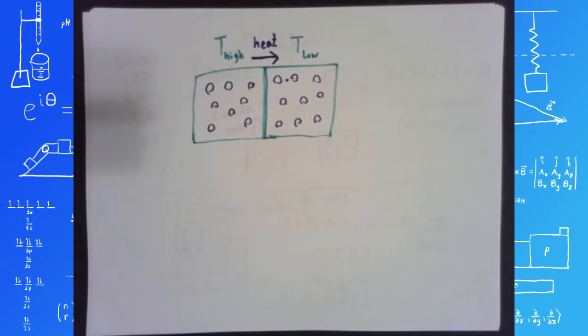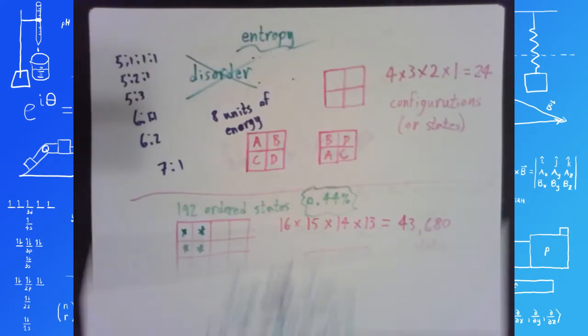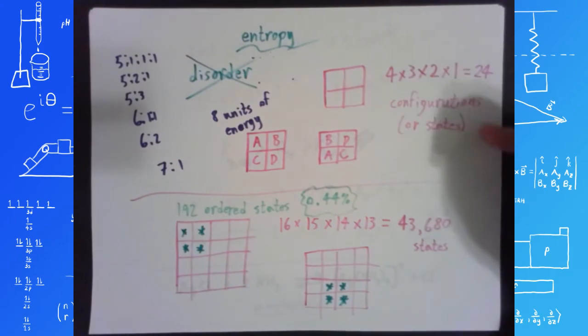Let me see. So I guess now is the time to develop the notion of microstates versus macrostates. So earlier I called these configurations or states, combinations of positions of particles and distributions of energies amongst those particles.